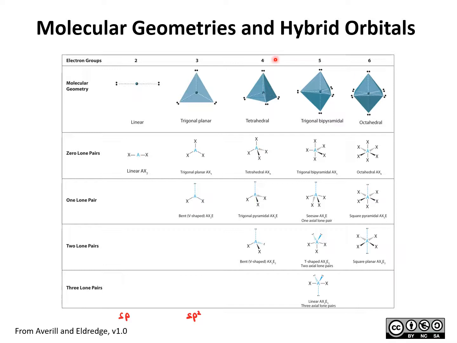Molecules with 4 electron groups, namely AX4, AX3E, and AX2E2, are all sp3 hybridized. Molecules with 5 electron groups, namely AX5, AX4E, AX3E2, and AX2E3, are all sp3d hybridized, and molecules with 6 electron groups, which include AX6, AX5E, and AX4E2, are all sp3d2 hybridized.